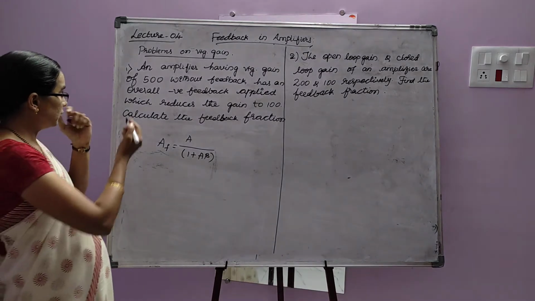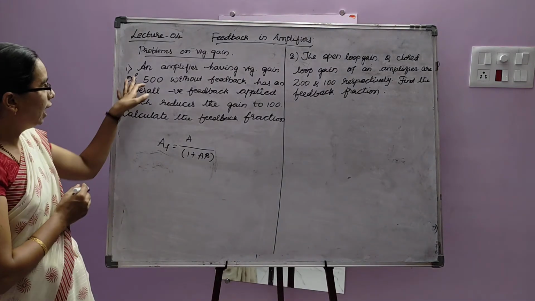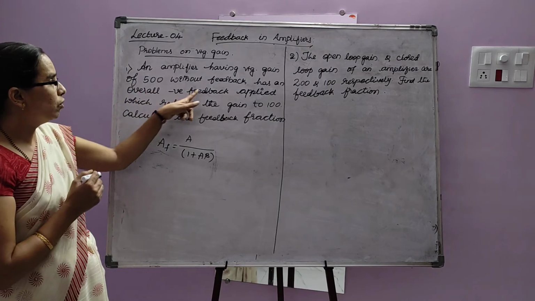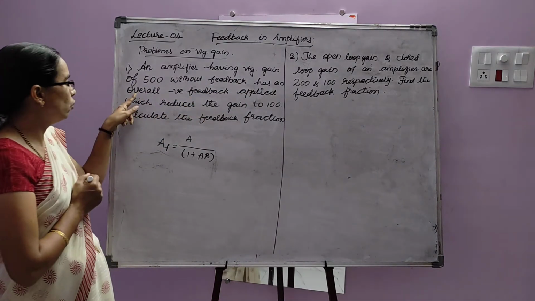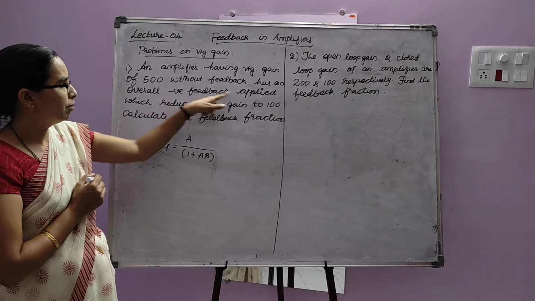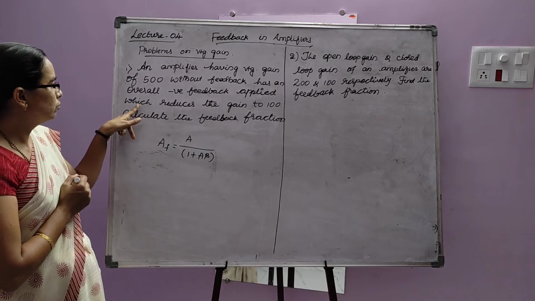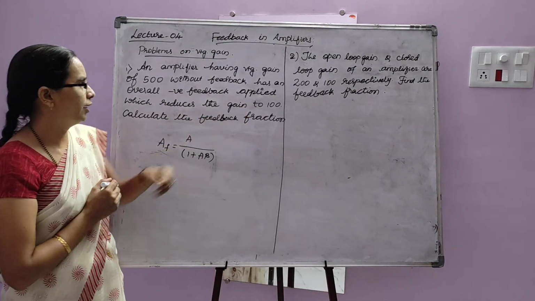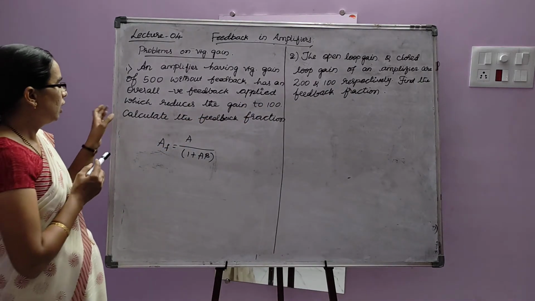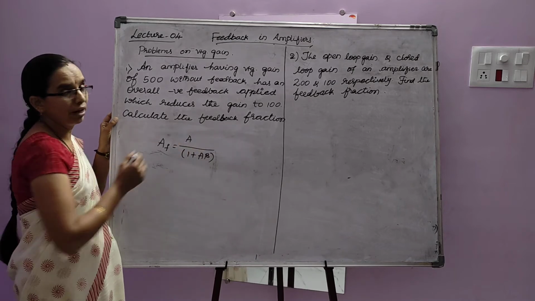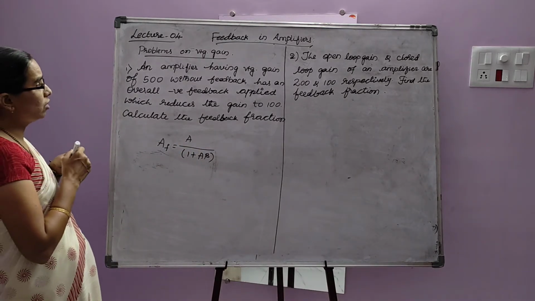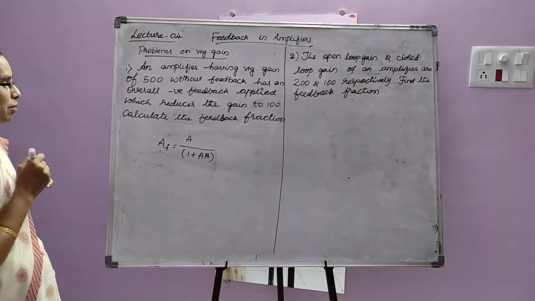So in the problem given, an amplifier having voltage gain of 500 without feedback has an overall negative feedback applied which reduces the gain to 100. Calculate the feedback fraction.